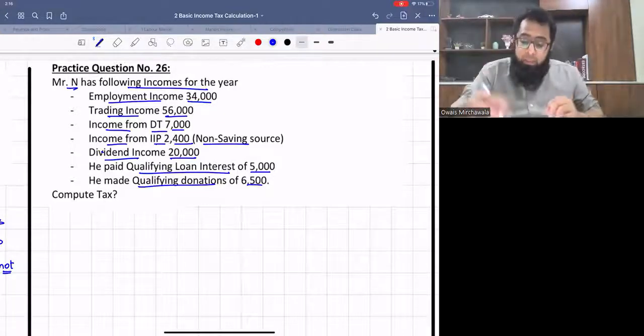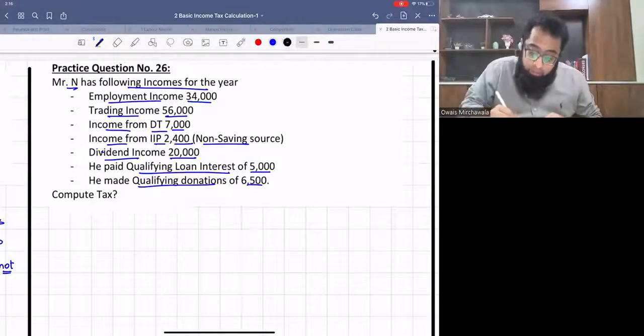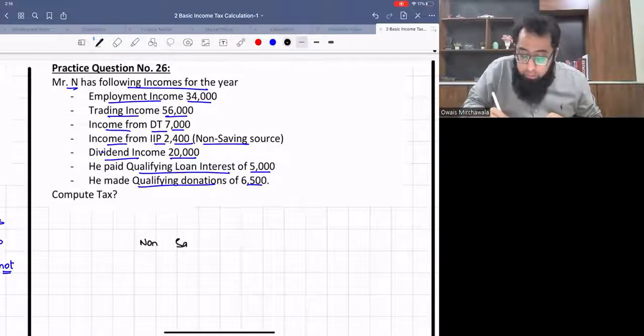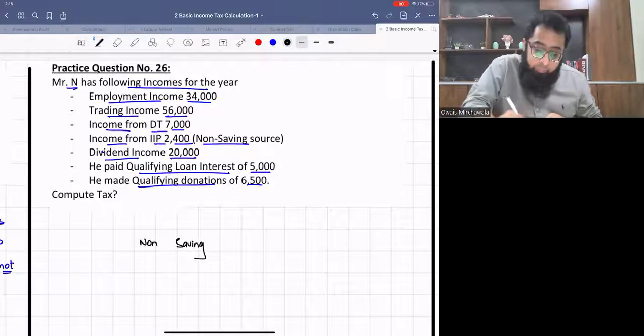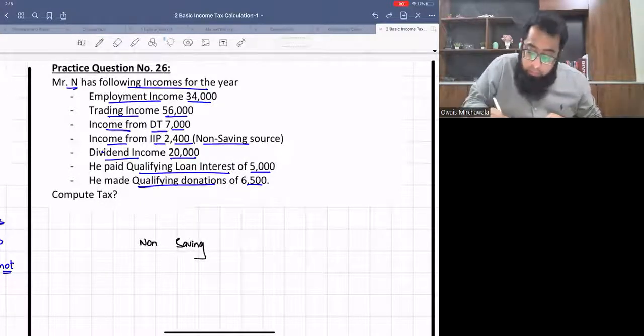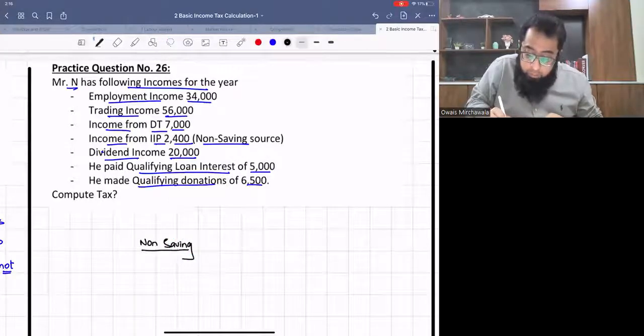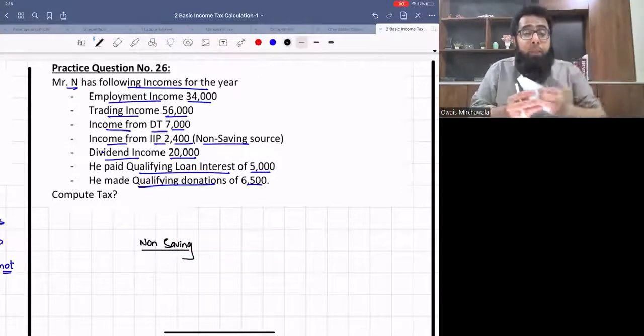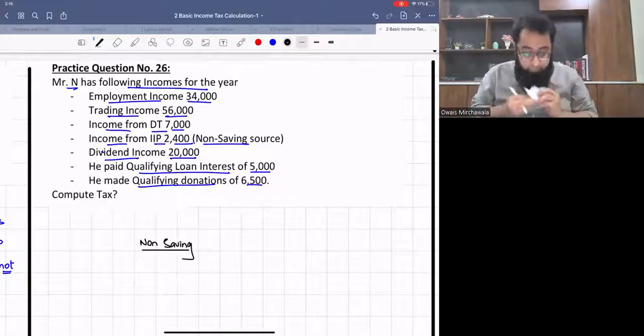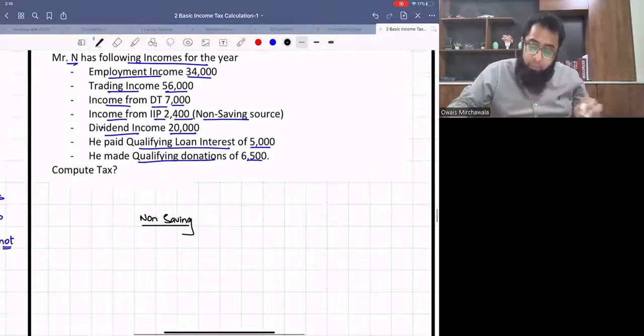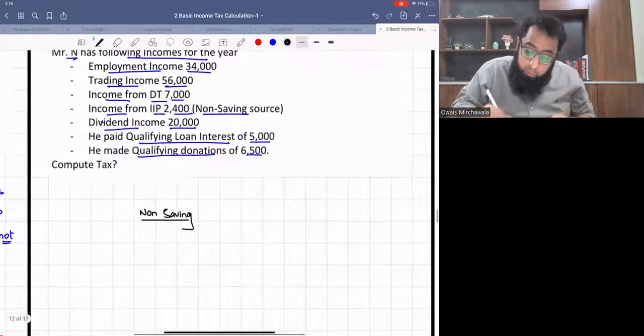Now, in this question, the 2 income heads are involved. One income head is non-saving. And I think the second one is dividend, because there is no interest income in the question. Okay. There is no interest income.